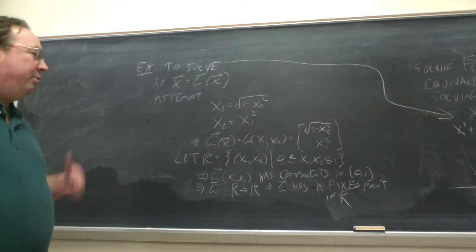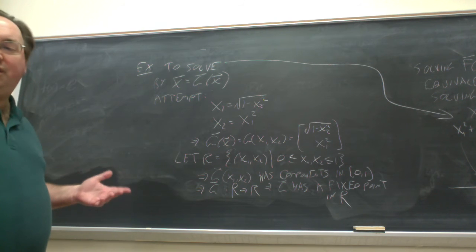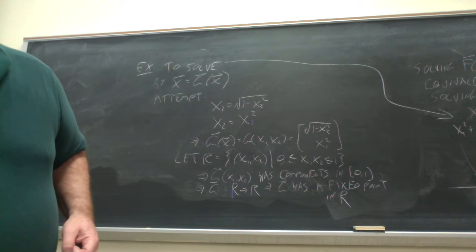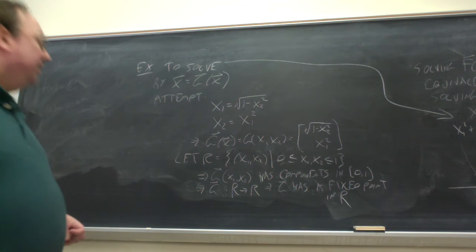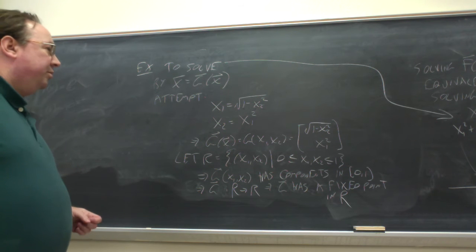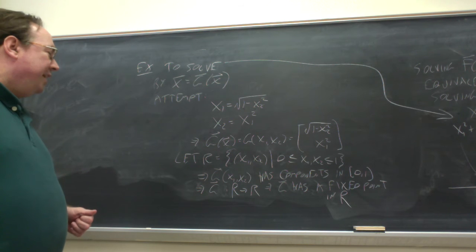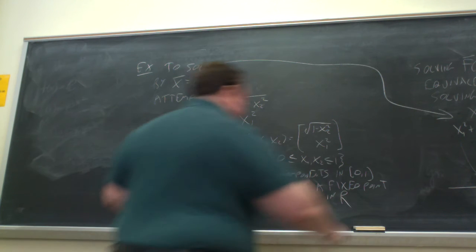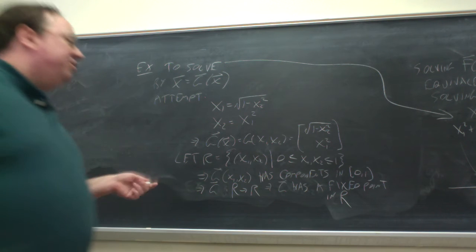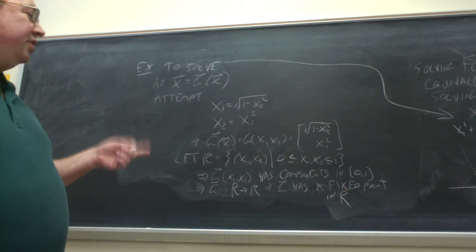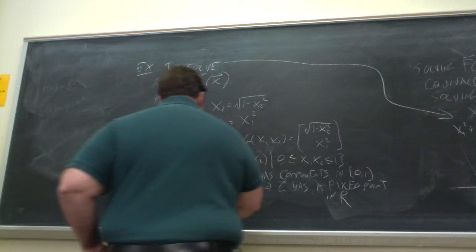So now we just have to try using fixed point iteration to find it. What I'm going to do is enlist MATLAB to help me. I'm going to pick an initial guess in the middle of the square.